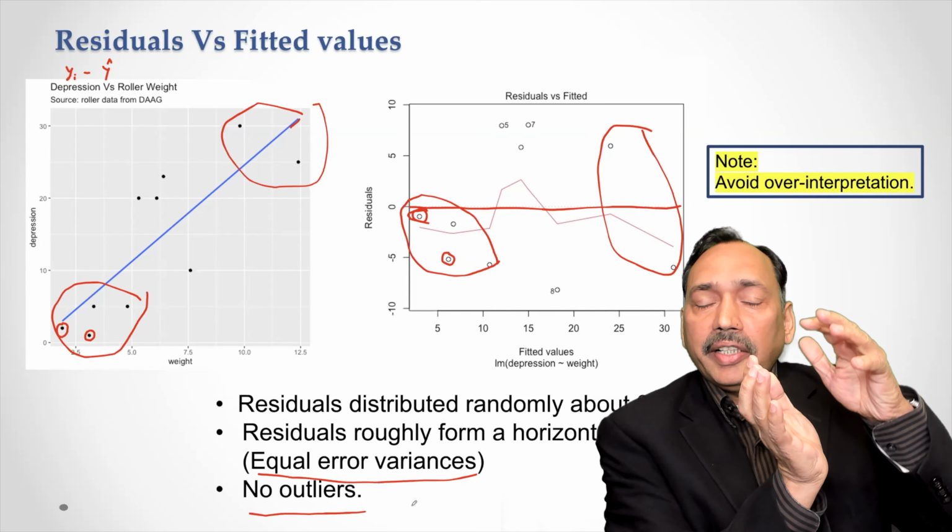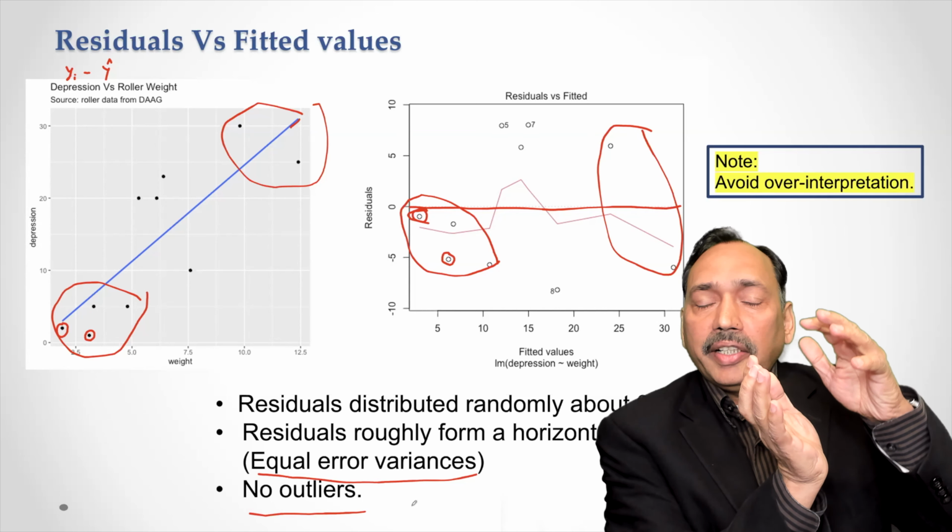Although R always labels 3 data points by default in any of the residual plots, so it says the 5th, 7th and 8th data points are these 3. I have put a note here: with the residuals, we should avoid over-interpretation.